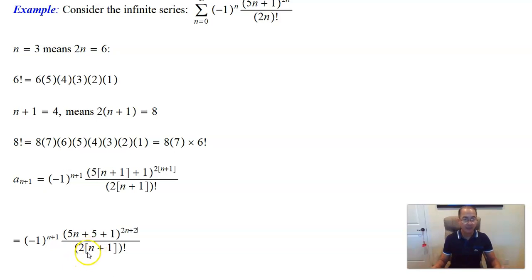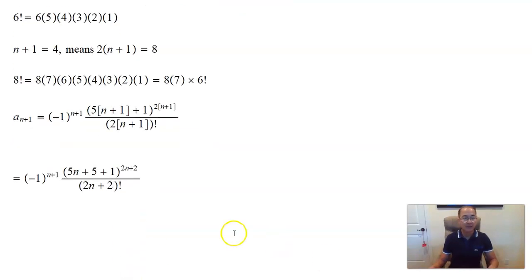And we have another 2 times (n plus 1) here, which distributes to 2n plus 2. Okay, so far so good. So now we are going to work on this a little bit more. So that is simply (5n plus 6) to the 2n plus 2, and (2n plus 2) factorial.